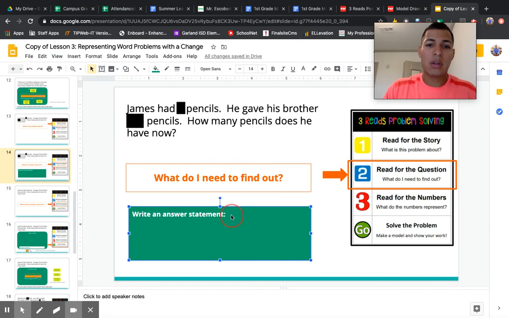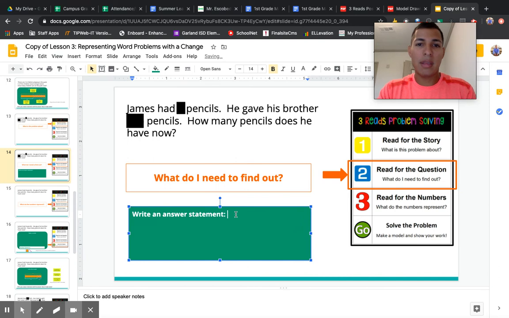So we have to write our answer statement. James has blank pencils now. That is what our answer statement is going to be.